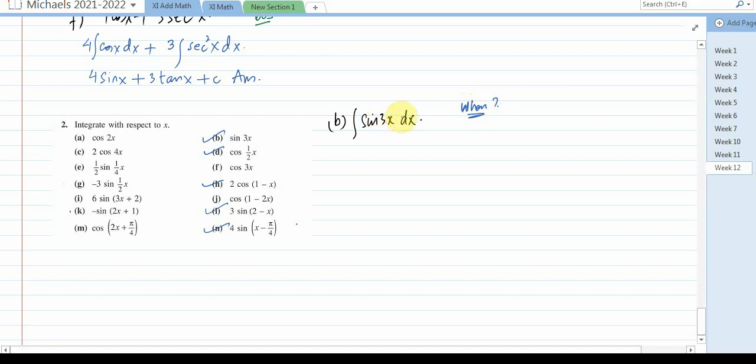That means to integrate sine 3x dx, we need to multiply and divide with the angle, and that is 3 divided by 3. Alright, and the benefit of 3 is this function which I have highlighted is now ready to integrate. The integral of sine 3x, it's cos 3x divided by 3 and plus c for indefinite integrals.